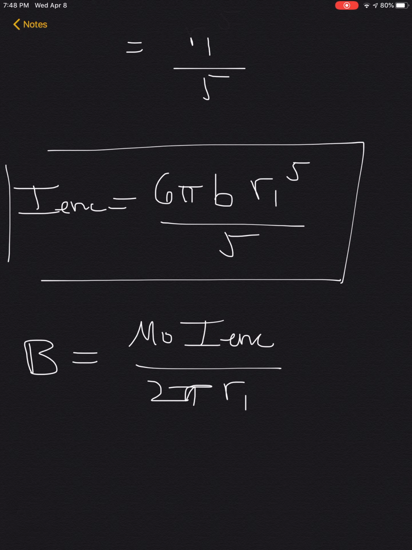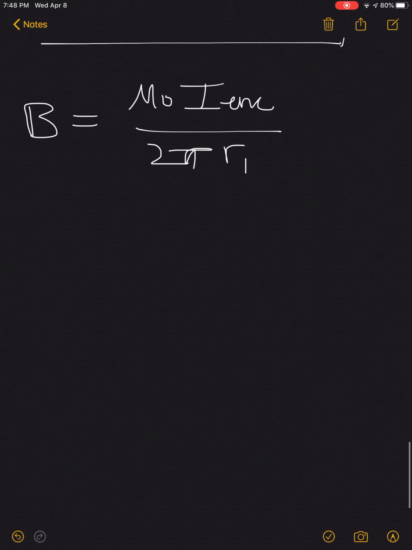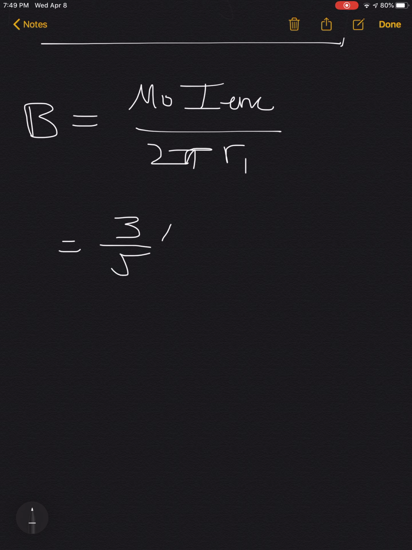Plugging in what we had for I enclosed, you're going to have some factors cancel. For example, an r1 is going to cancel with the r1 to the fifth. You have a 2 pi that cancels, and then you're going to end up with 3/5 mu naught times b, the constant that was given, times r1 to the 4th.